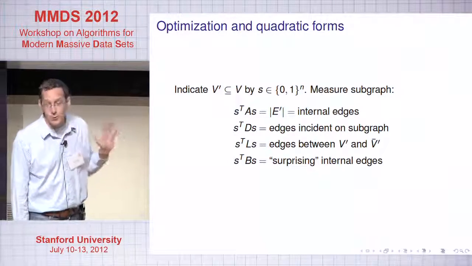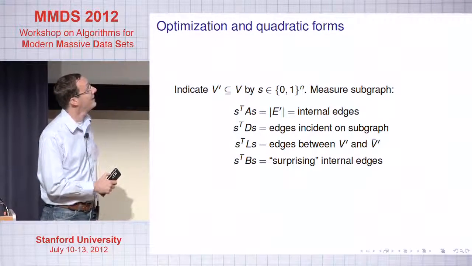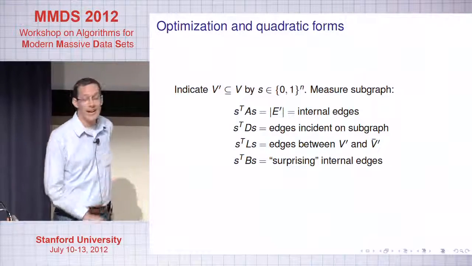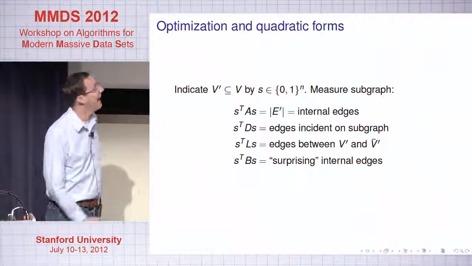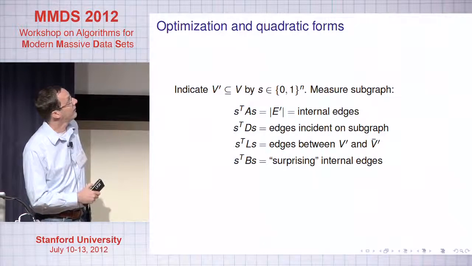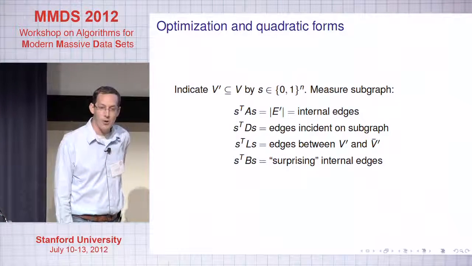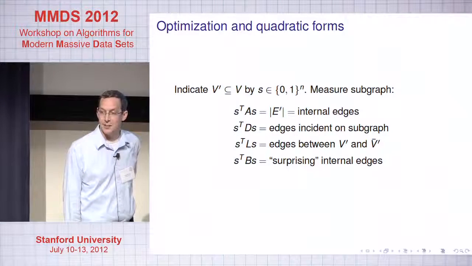Right? Namely, you can write down quadratic forms involving the graph Laplacian, the adjacency matrix, maybe the diagonal matrix with degrees on the diagonal, maybe Newman's modularity matrix. And if you put indicator vectors into that quadratic form, what you get out is properties of the indicated subgraph.